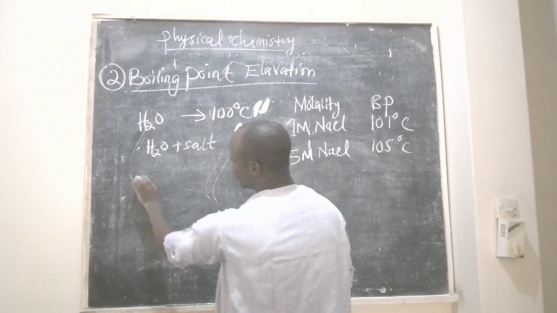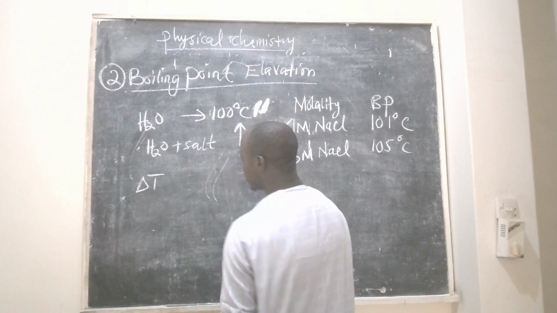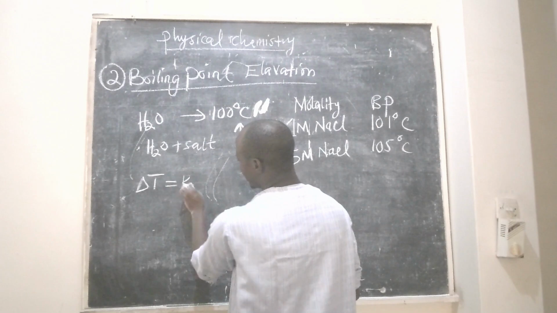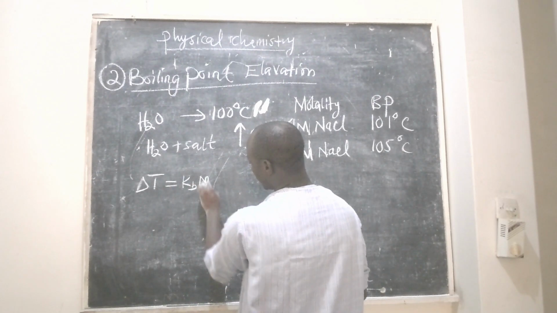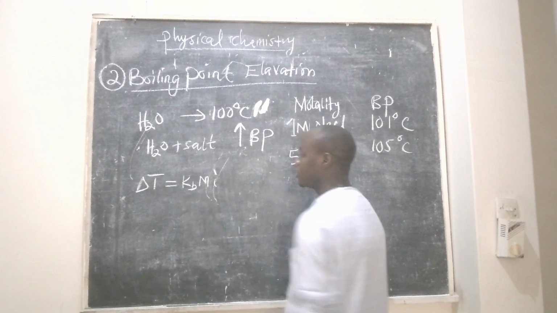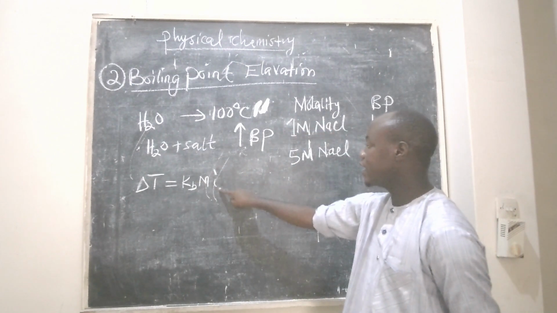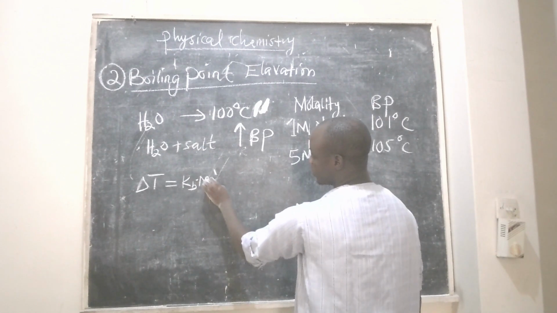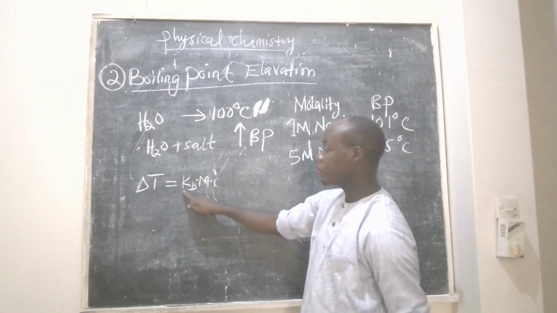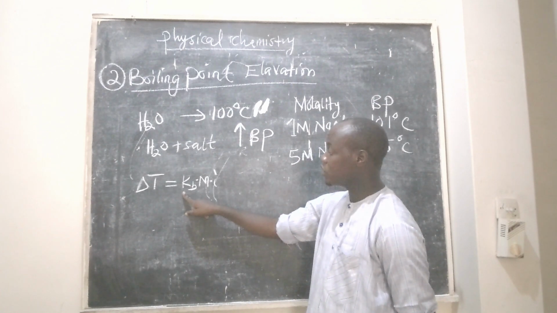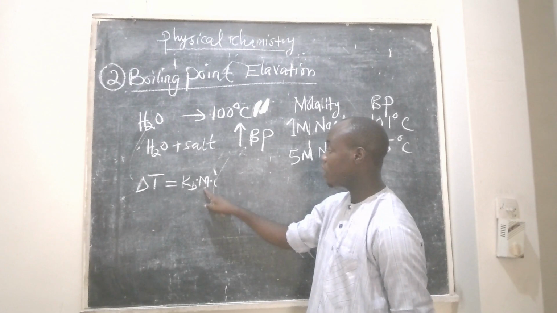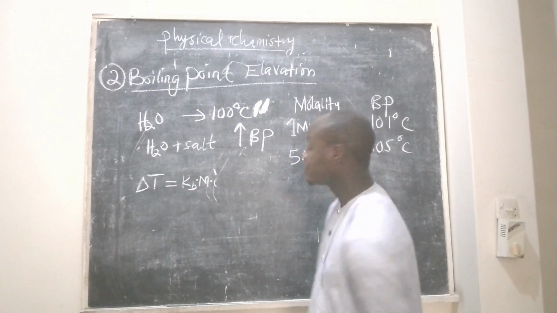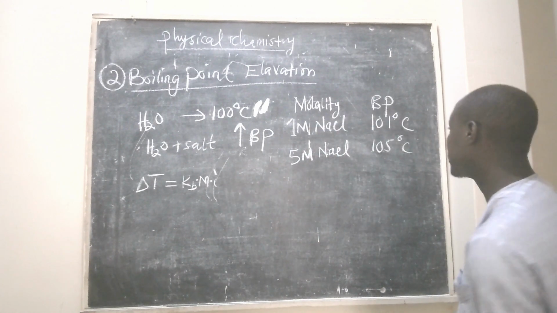The formula for calculating boiling point elevation is delta T equals Kb times molarity times i. And what is this i? The i here stands for the van 't Hoff factor. So we have Kb, which is the ebullioscopic constant, we have molarity, and we have the van 't Hoff factor.